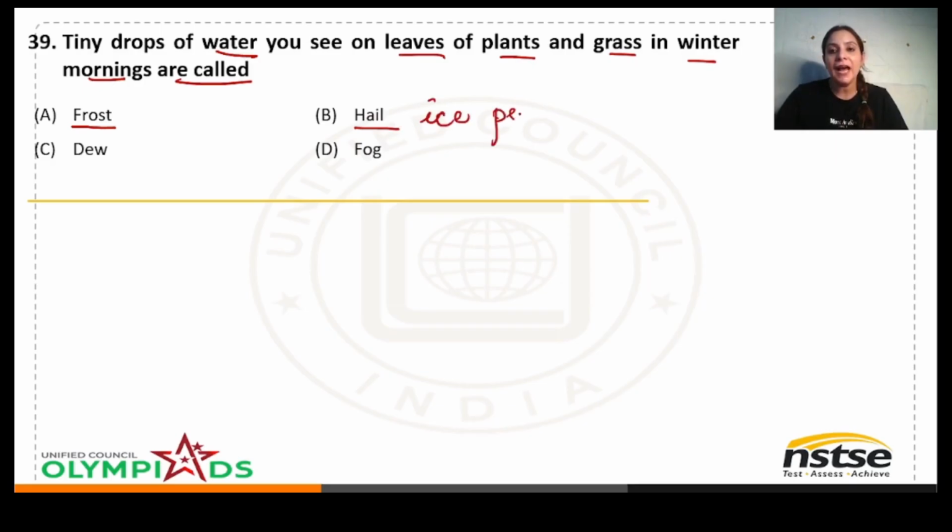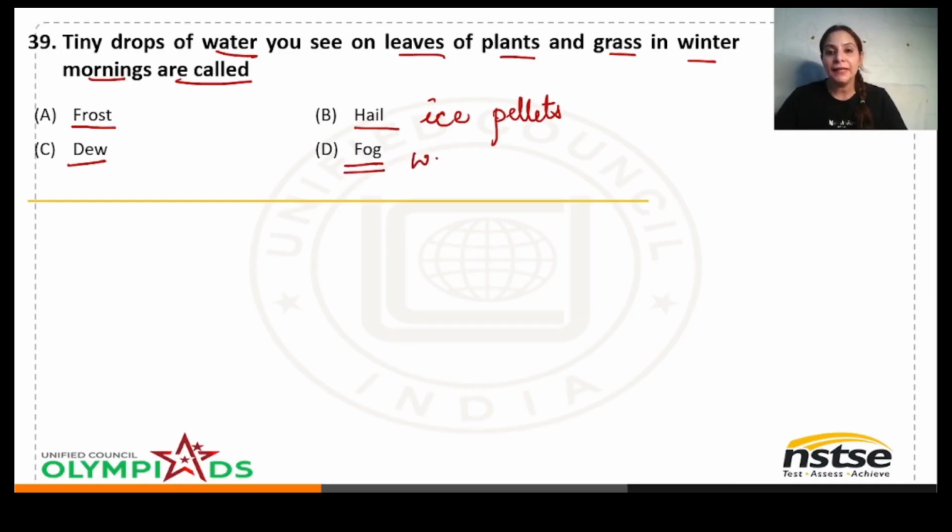So basically hail indicates ice pellets. And if I talk about dew, what is dew? Sometimes in the morning you find tiny drops of water on the leaves of plants or on the grass. That is dew. And what is fog?